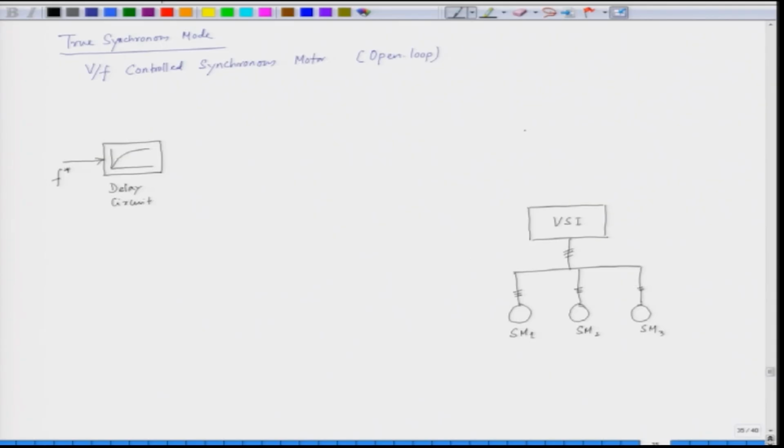And the DC link is fed from a controlled rectifier. So, we have a DC link here, we have a DC link filter to filter out the ripples and the input is a 3-phase AC.